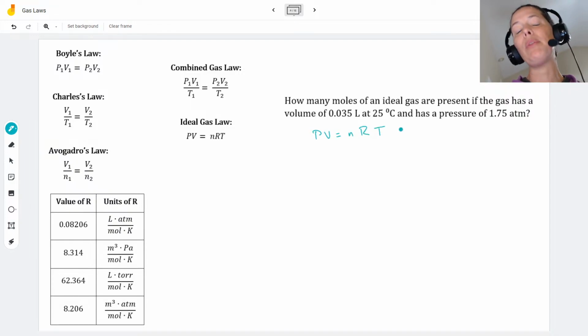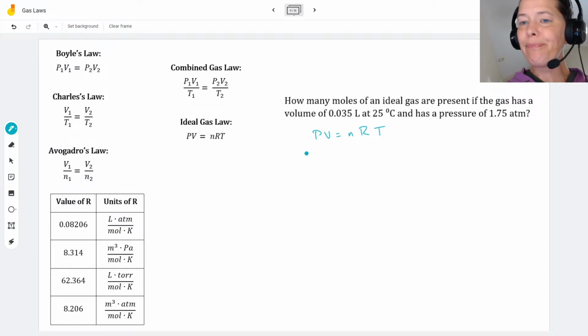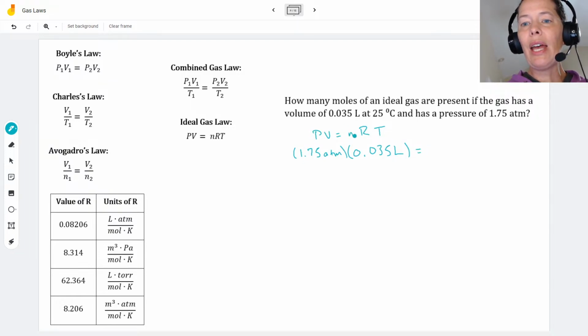And let's go ahead and plug in what we know, and that should help us decide if we have enough information to proceed. So I do have a pressure, and that is 1.75 atmosphere. I was also given a volume, 0.035 liters. Now, n is my number of moles, which is what my problem asked for, so I'm going to leave that alone.